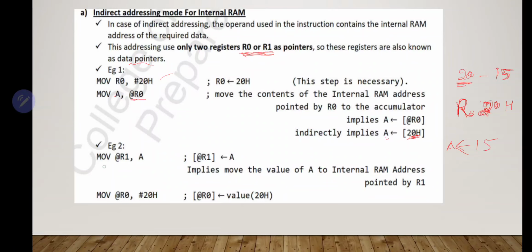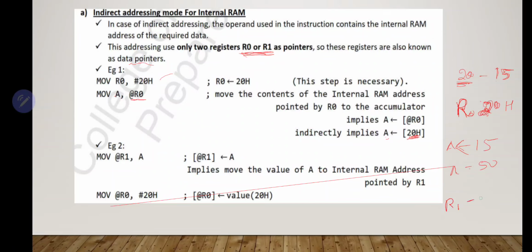In this case, MOV @R1, A. Here the data in A is moved to the address given by the content of R1. That is, we have A equal to 50. So the content 50 is moving to the location given by R1.